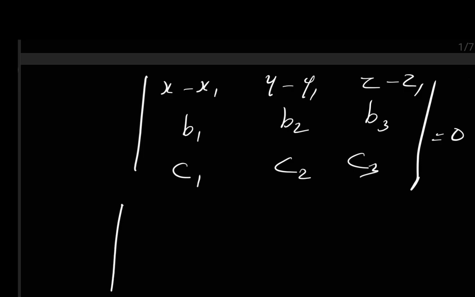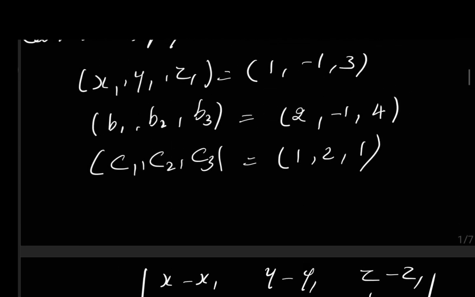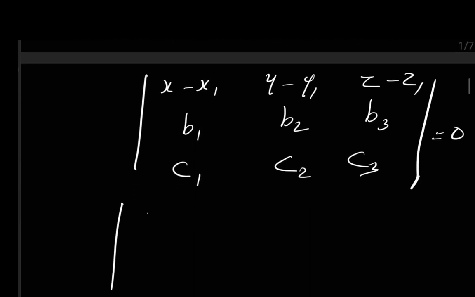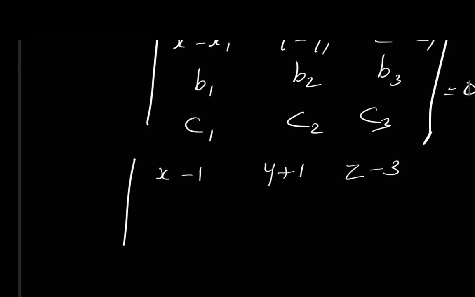So substitute the values x1, y1, z1 as 1, minus 1, 3. So x minus 1, y plus 1, z minus 3, then 2, minus 1, 4, and 1, 2, 1 is equal to 0.